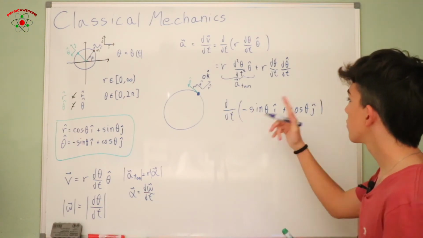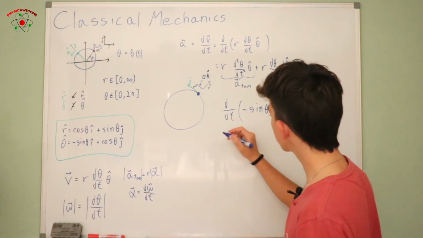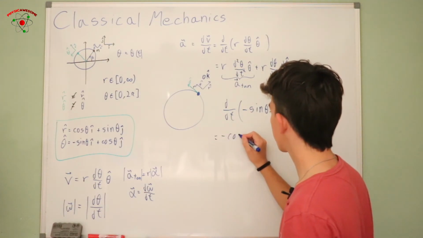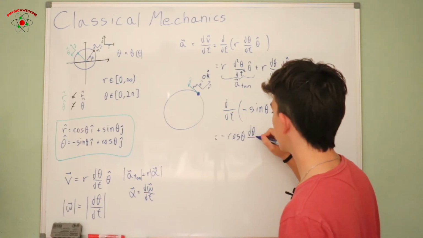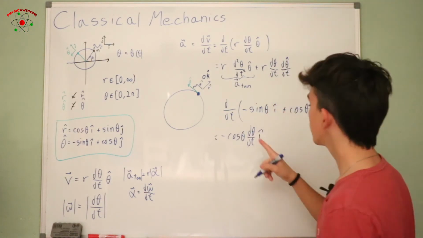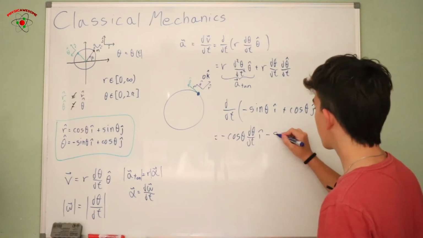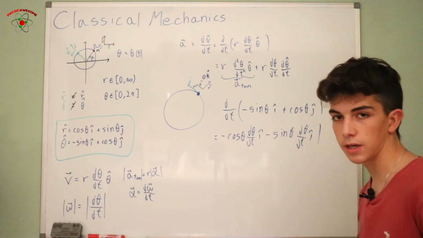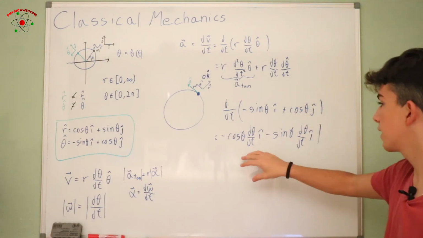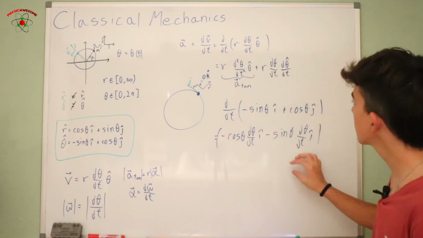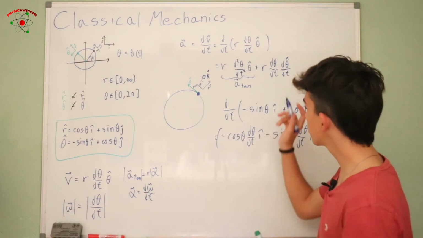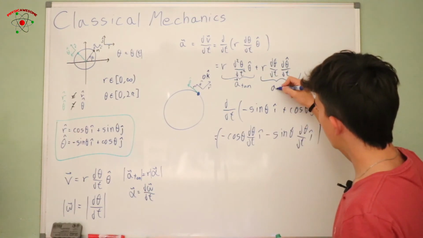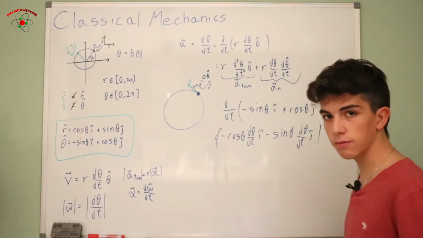Once again, we will do all the differentiation and we will get that the minus sine goes to minus cosine of theta times d theta dt in the i hat direction, and this goes to a minus sine theta d theta dt in the j hat direction. We can take out of this expression the d theta dt and plug it in here.